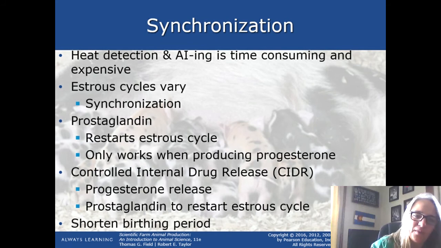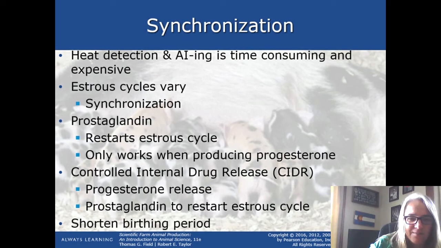And so oftentimes we use prostaglandin and restart the estrus cycle. When you give prostaglandin, it restarts the estrus cycle, and then you can begin to AI at the correct time.